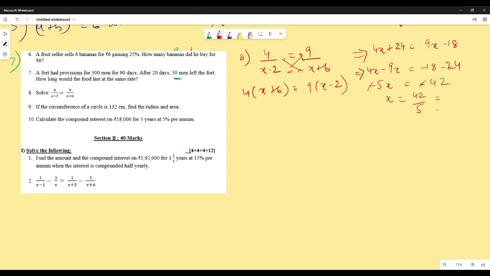So the answer will be here 42 divided by 5, if you are putting it into the equation.